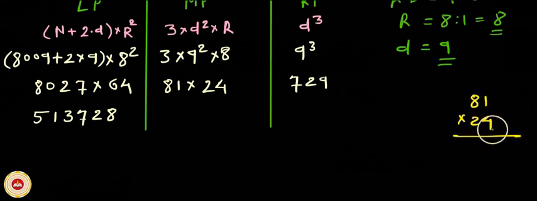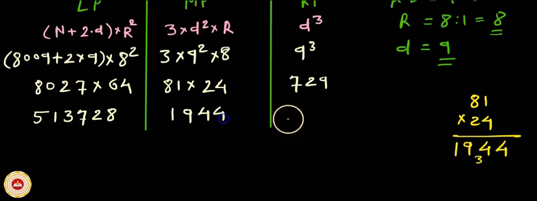Use urdhva-tiryak paddhati. 4 multiplied by 1 is 4. 4 eights are 32 plus 2 ones are 2. 32 plus 2 is 34. Write 4, carry 3. 8 twos are 16 plus 3, 19. So write this 1944 and the right part is 729. Correct. So we have calculated 3 parts, left part, middle part and right part.